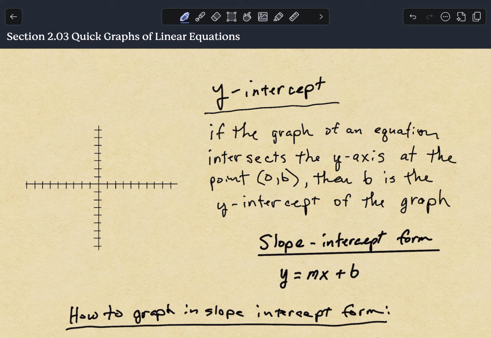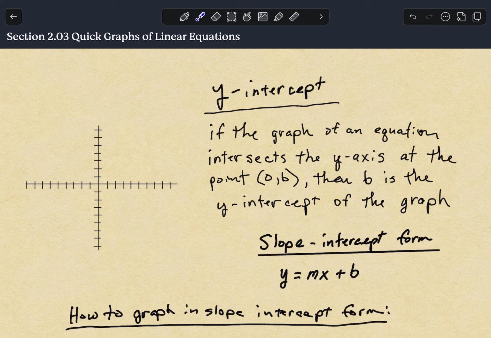So if the graph of an equation intersects the y-axis at the point (0, b), then b is the y-intercept of the graph. And that's how that works.